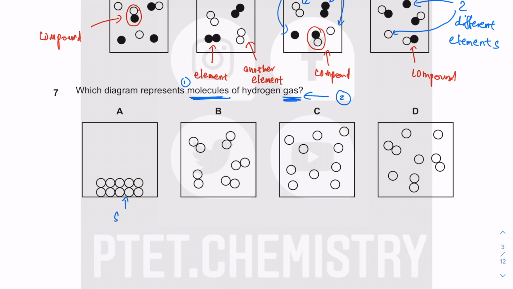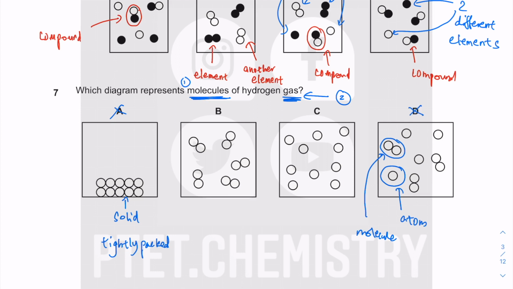This represents solid, because they are closely packed, tightly packed together. Here you can see this is a molecule and this is an atom. The molecule here represents two or more atoms bonded together. Atom here, single atoms, so we have atoms and molecules.